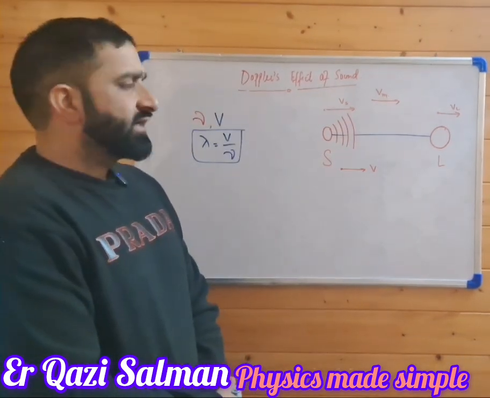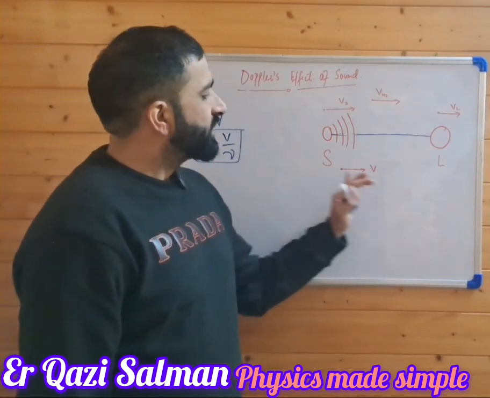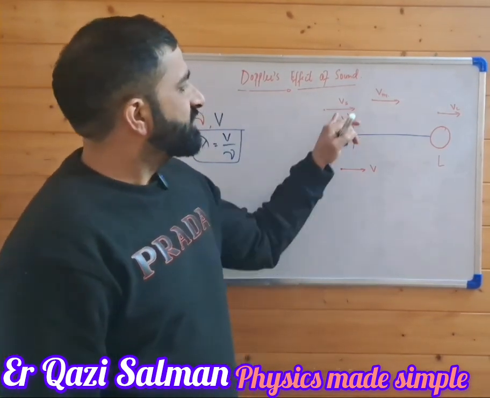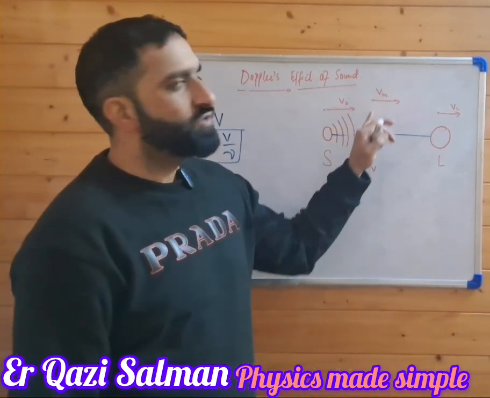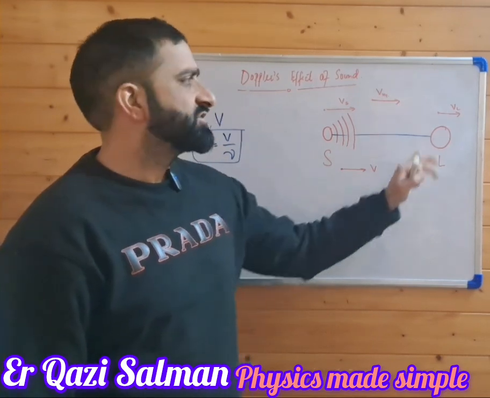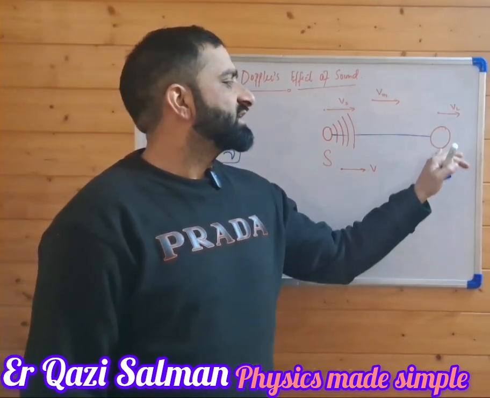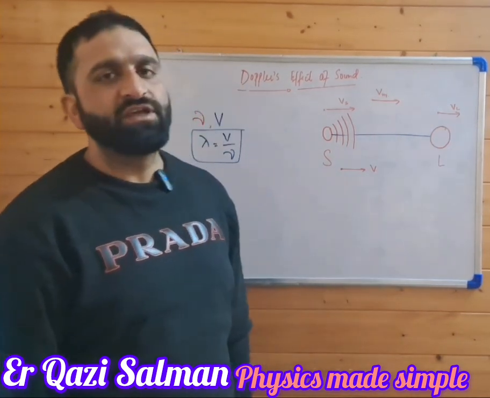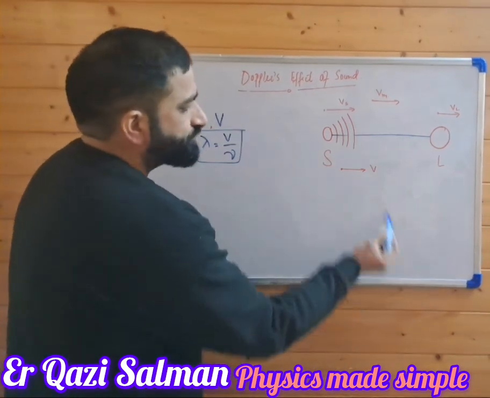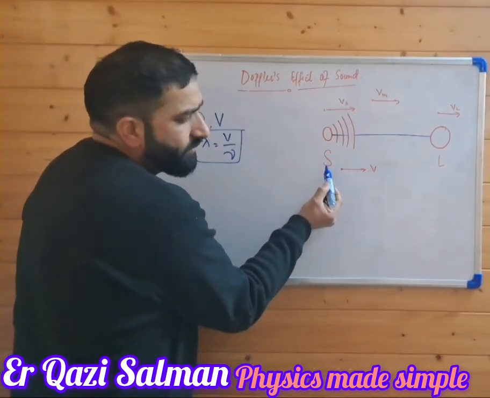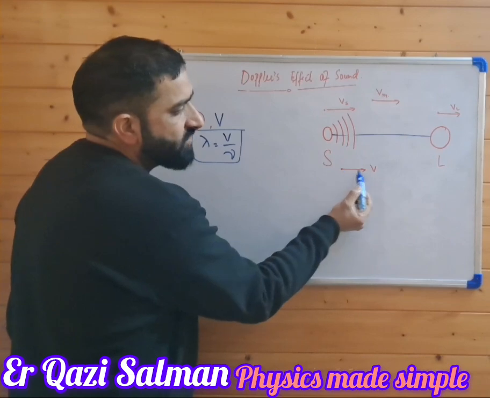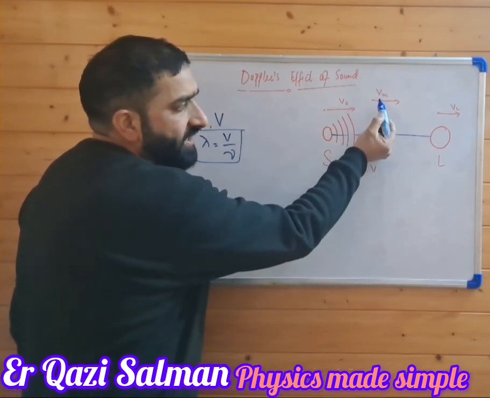Let us take the case in which the source is moving in the positive x direction with velocity vs. The medium is moving with the velocity vm in the same direction, and the listener is moving in the same direction with velocity vl.